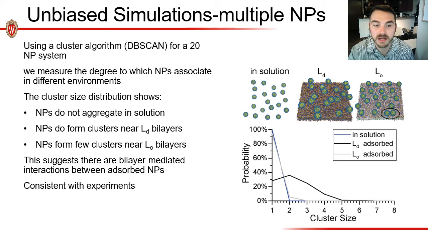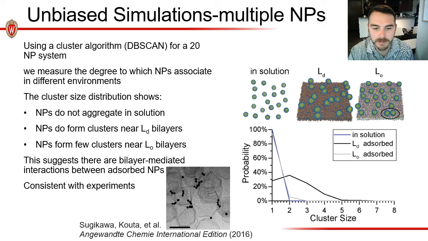So this suggests that there are some bilayer mediated interactions between adsorbed nanoparticles, which are particularly strong in this liquid disordered case. And this is consistent with some experimental observations that we've seen earlier in 2016, where we saw nanoparticles associating with each other when they're absorbed to a bilayer.